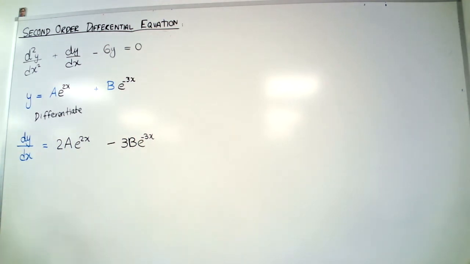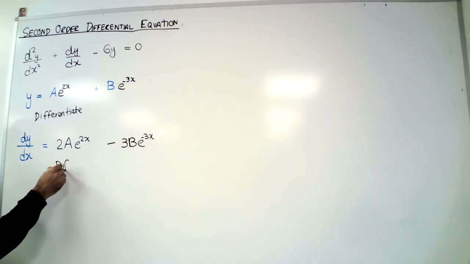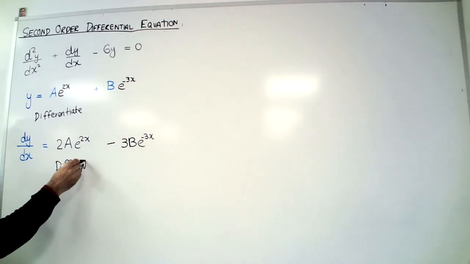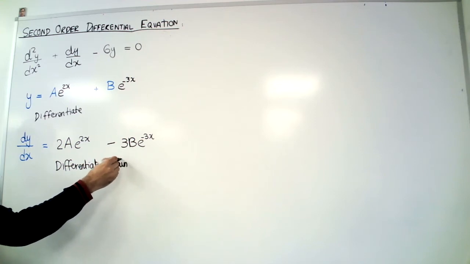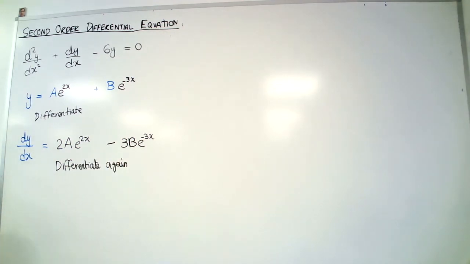Now let's differentiate again. If we differentiate again, we will have d squared y over dx squared.